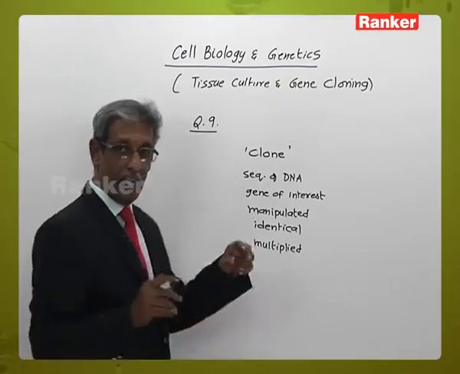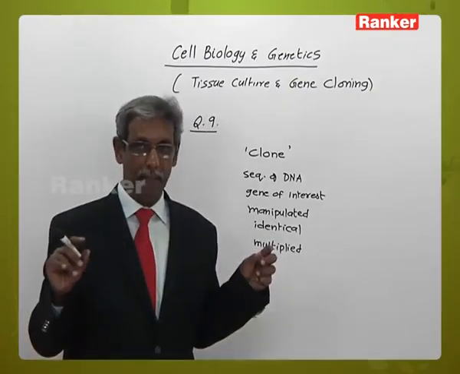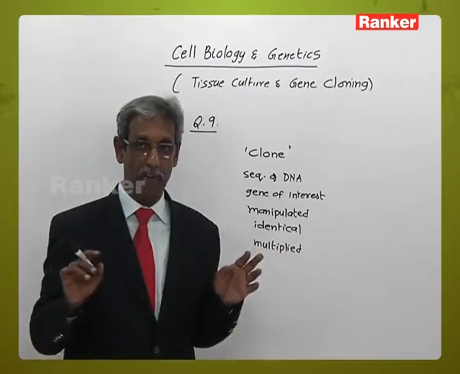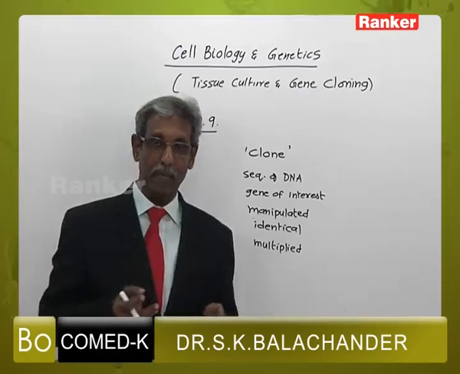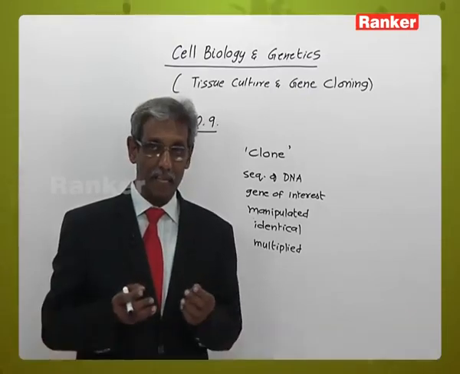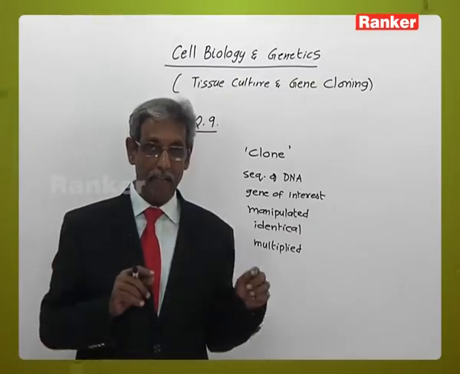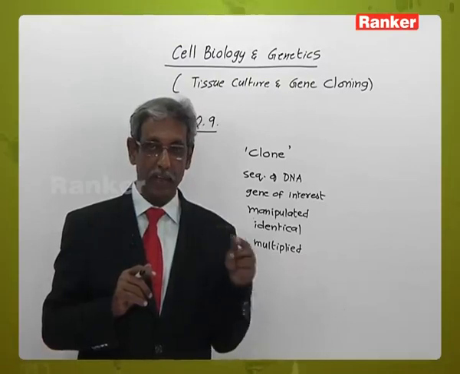So, if we take a plant DNA, or a bacterial DNA, the entire genome, you take the complete genome of an organism, maybe Escherichia coli, or a human being, or even rice. From rice, if you take the entire DNA sequence, from it you isolate pieces. You take the genes of interest.